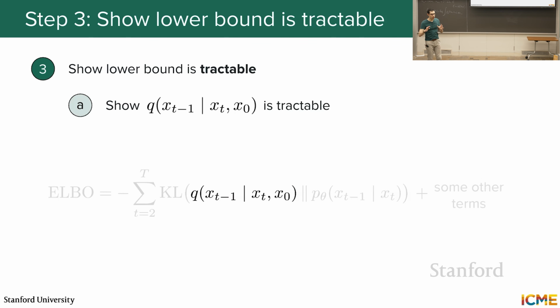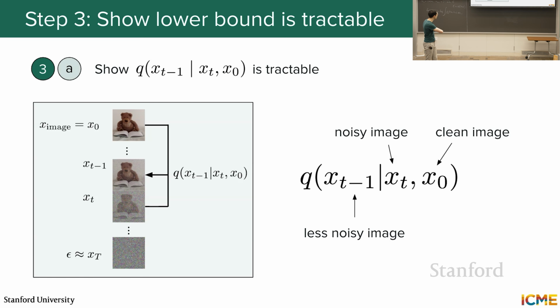A natural step now is to show that this quantity is indeed tractable. So we're going to see what Q of xt minus 1 given xt and x0 is. Again, it is wondering what the distribution of the less noisy image is if I give you not only the more noisy image, but also the clean image, which is a lot of information.